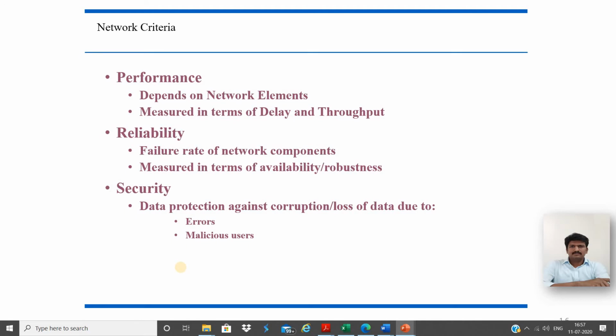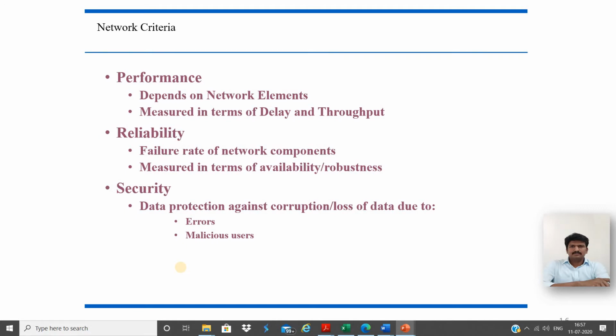And the next one is reliability. There should not be any failure in the network. If it occurs, the recovery from failure should be very fast. A network is connecting many computers. If one wire is disconnected, the data which was already transmitting through that wire needs an alternate path.